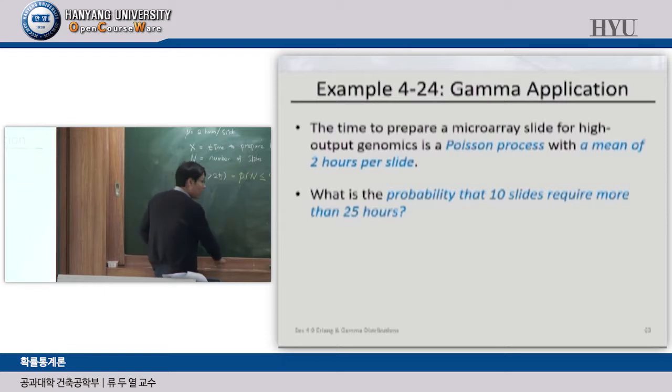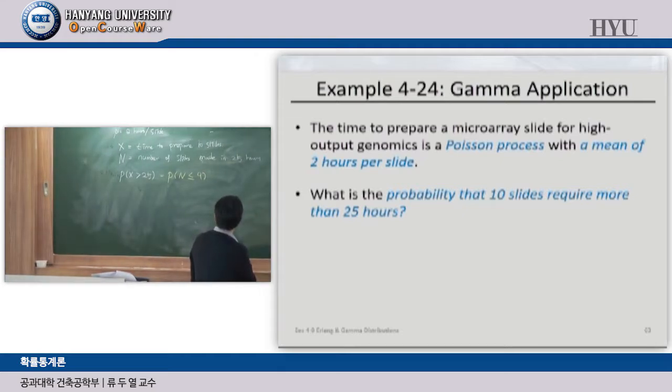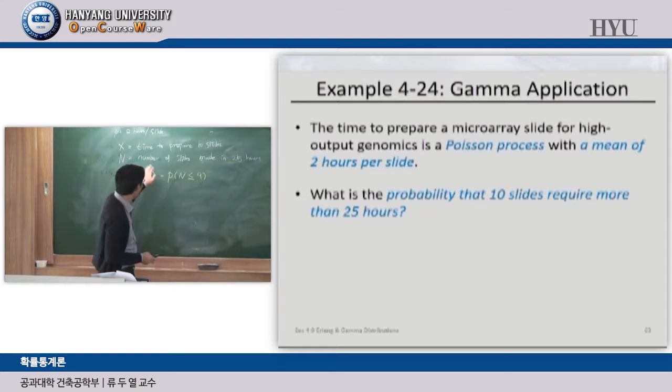Why? Because we denote x as the time to prepare 10 slides. To find the probability that 10 slides require more than 25 hours means that within 25 hours, we can only fabricate 9 or fewer slides, right?